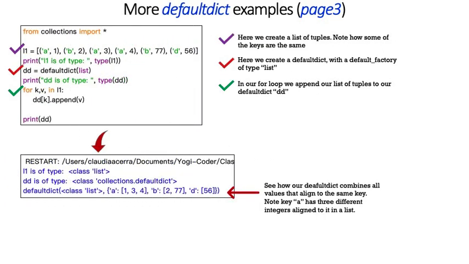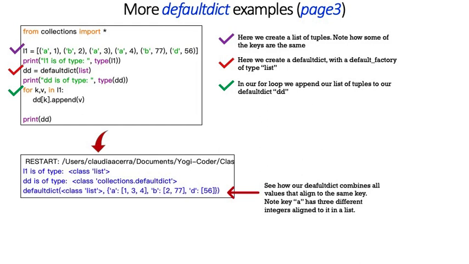And in this example, we create a list of tuples. Note how some of the keys are the same. So we have A and 1, B and 2, A and 3, A and 4. So some of these, what will become keys, are duplicated. Then here we create a defaultdict with a default factory of type list this time.